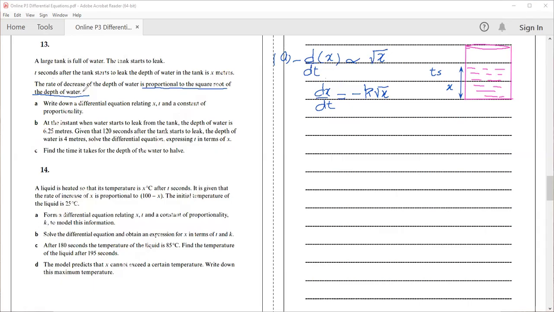The rate of decrease of the depth of the water is proportional to the square root of the depth of water. Square root of the depth means under root x. Write down the differential equation relating x, t and the constant of proportionality. So we have the x over here, time over here, k over here, and again the x over here. So that's the answer of the first part A.